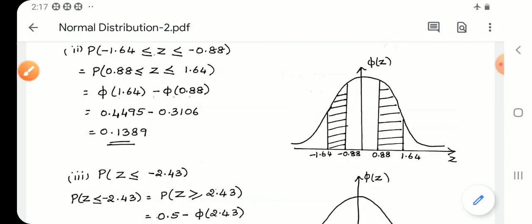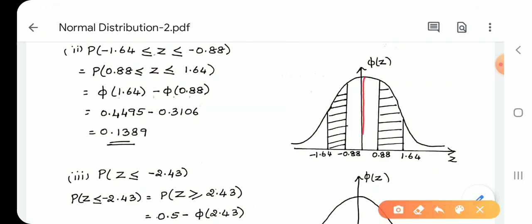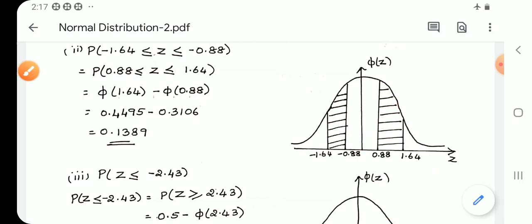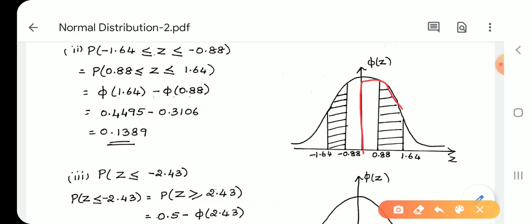To find this shaded portion, first we'll take the area of the curve from the axis to this point. That is, this portion of the curve we have to find now. This is given by phi of 1.64. From this phi of 1.64, I have to subtract the portion of the curve which is shaded in red. The portion shaded in red is given by phi of 0.88.